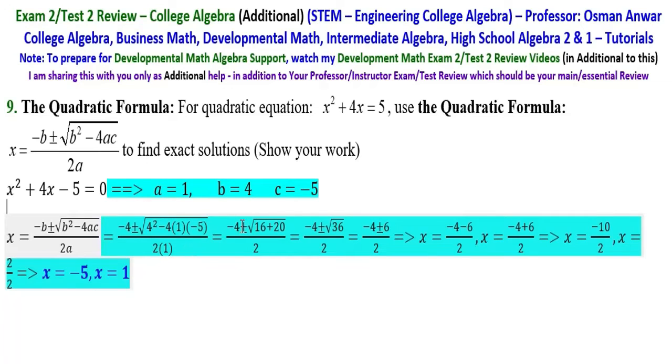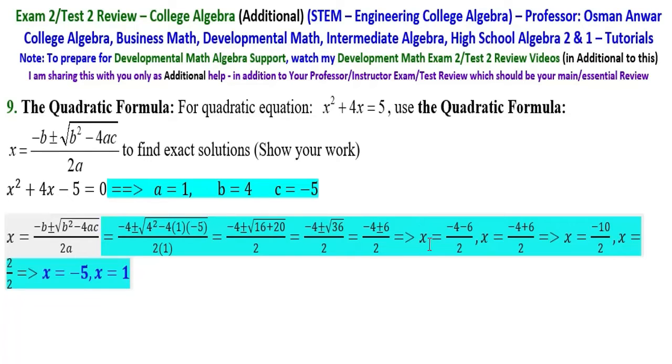So that's minus 4 plus or minus the square root of 16 plus 20, over 2. So this is minus 4 plus or minus the square root of 36 over 2. Notice this 36 is what we found in number 8 as the discriminant.